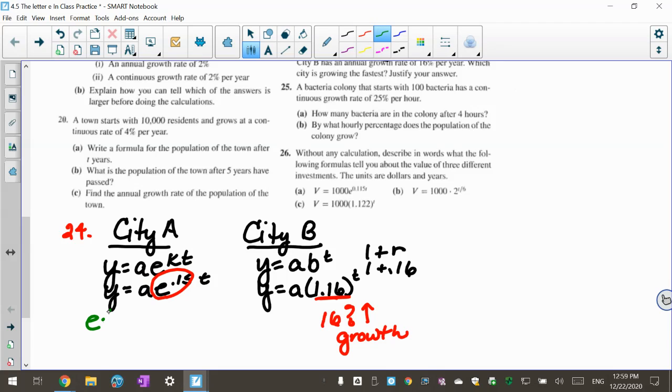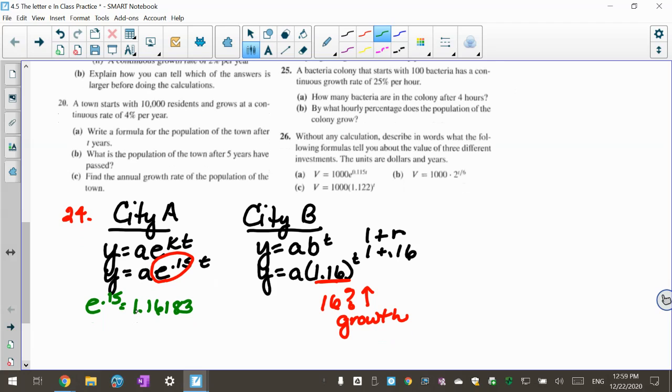If I put e to the 0.15 in my calculator, I get 1.16183. When I get rid of the 1, because you've converted, this is really b, and move your decimal place over, this comes out to be 16.183% growth. So City A is actually growing faster, which I kind of thought, since it's a continuous growth rate versus just an annual growth rate. Sorry, that was my alarm that just went off.